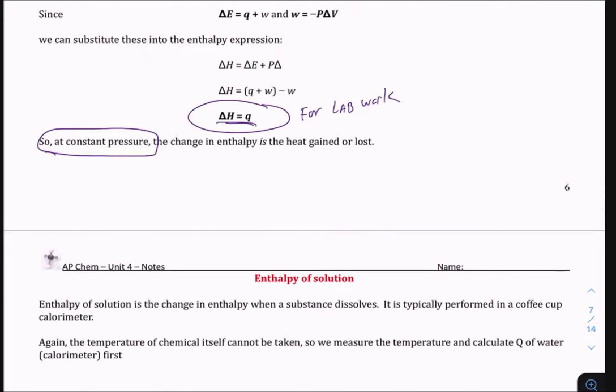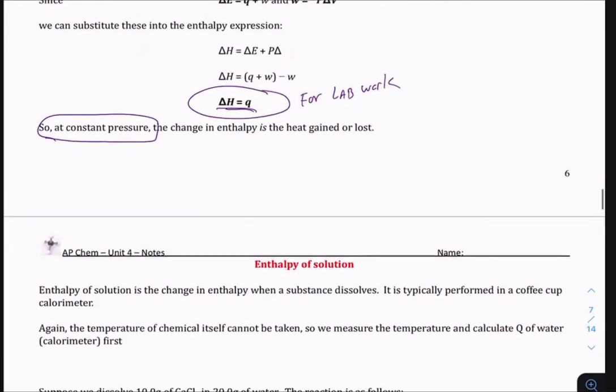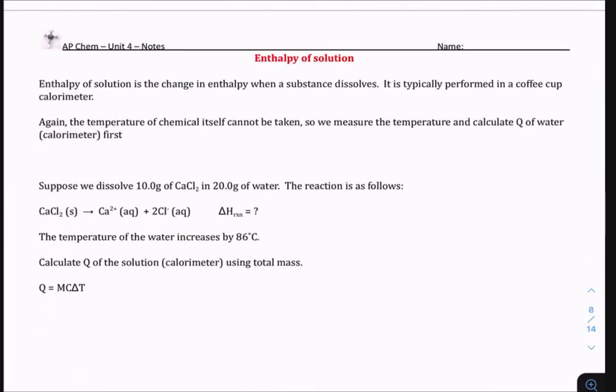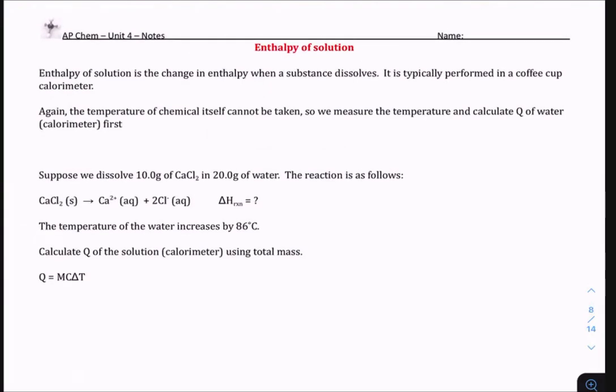So, why did I bring that up? Why even go through all of that? Well, because we want to take the empirical data from a lab experiment and allow us to find the enthalpy of reactions. So, one of the simplest labs for calculating this is enthalpy of solution, and this is actually our next lab that we'll be doing tomorrow.